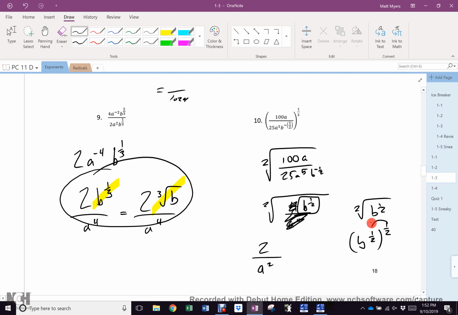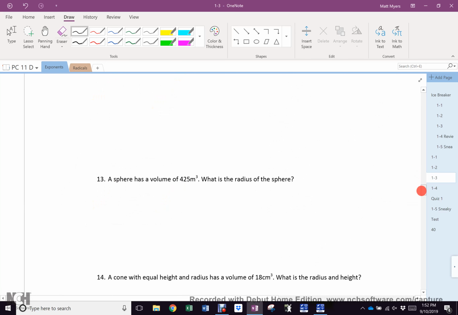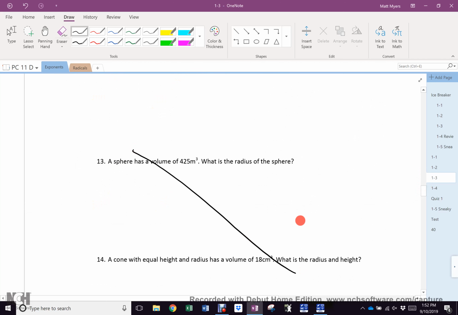Well, then what do I do there? So what is that? What's 1/2 times 1/2? Say it loud and proud, kid who doesn't think he's very intelligent. 1 over 4. b to the 1/4. And then I could rewrite that as 2 to the 4th root of b over a squared.